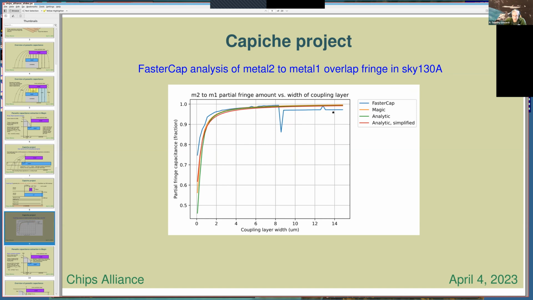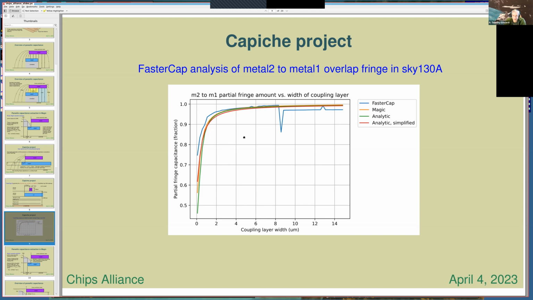That's the blue curve. There are a few issues with FasterCap where it likes to switch from one solution to another, and I've talked to the developer of FasterCap. I think I need to record the first solution and use that as input to other solutions. So there are various ways I could probably speed up and make it more accurate.